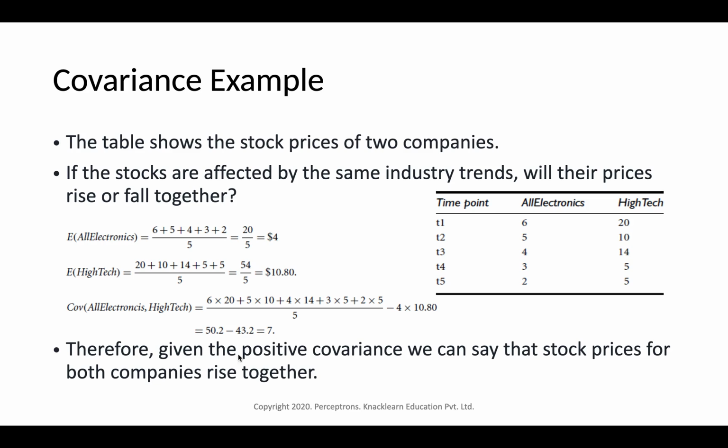As the value is positive, we can say that the stock prices of both companies rise together. When the stock price of All Electronics is rising, the High Tech stock price is also rising. So they have a positive linear relationship here. This is how we can measure the covariance among the data.